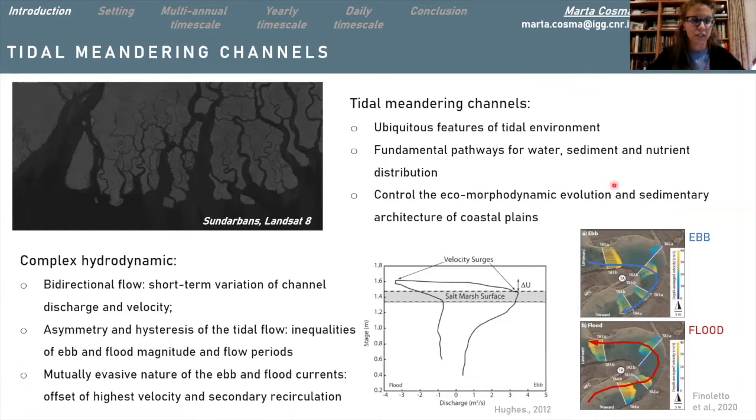hydrodynamics. They are characterized by bidirectional flow, which causes a short-term variation of channel discharge and velocity. They are characterized by the asymmetry and the hysteresis of the tidal flow, which cause inequalities of the ebb and flood magnitude and the flow periods, and the mutually evasive nature of the flood and ebb currents causes the offset of the highest velocity and the secondary recirculation within the meander.